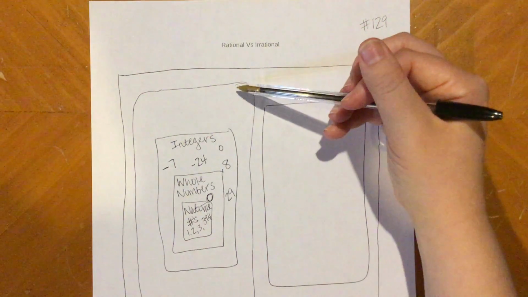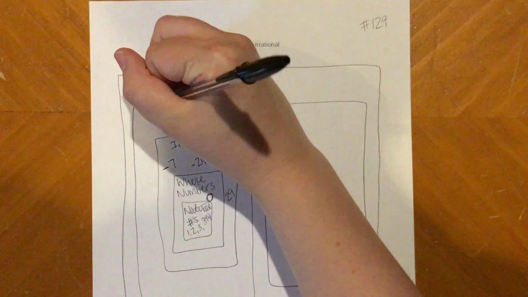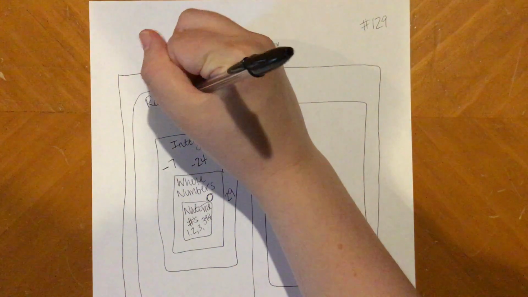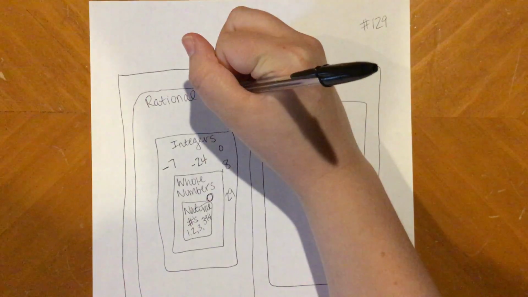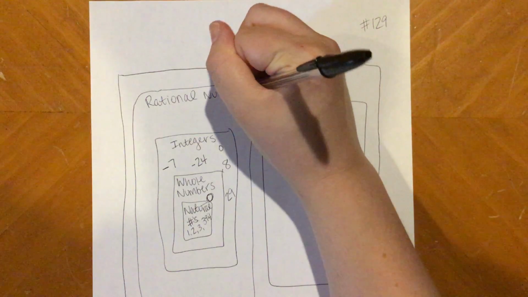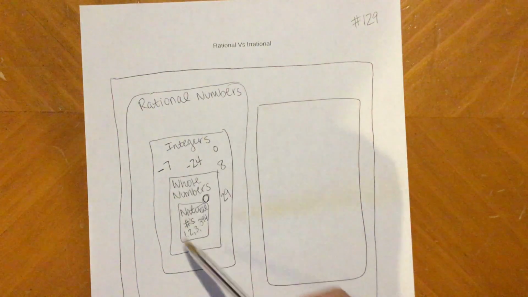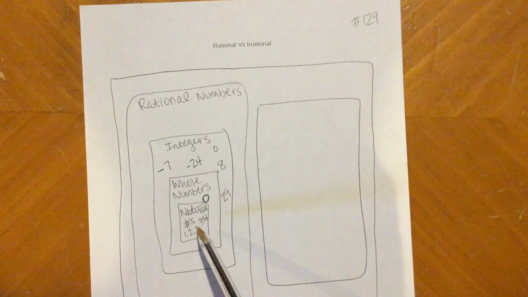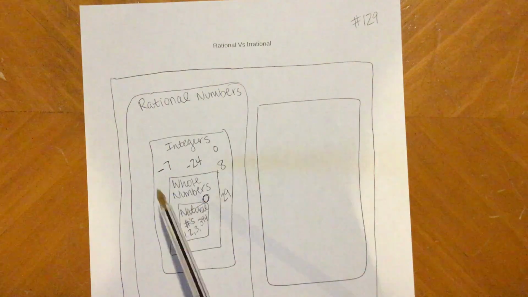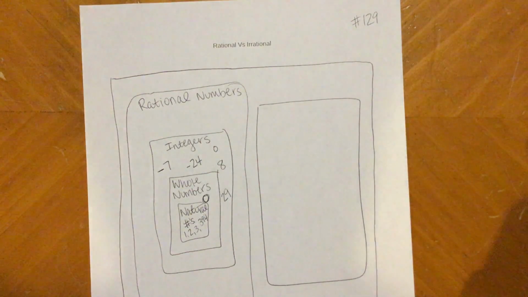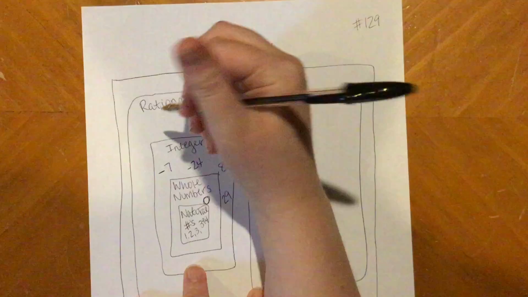And then moving on outside of the integers, the next category is called the rational numbers. So rational numbers obviously include all of these numbers before it, your natural numbers, your whole numbers, your integers, but they also can include fractions and decimals.